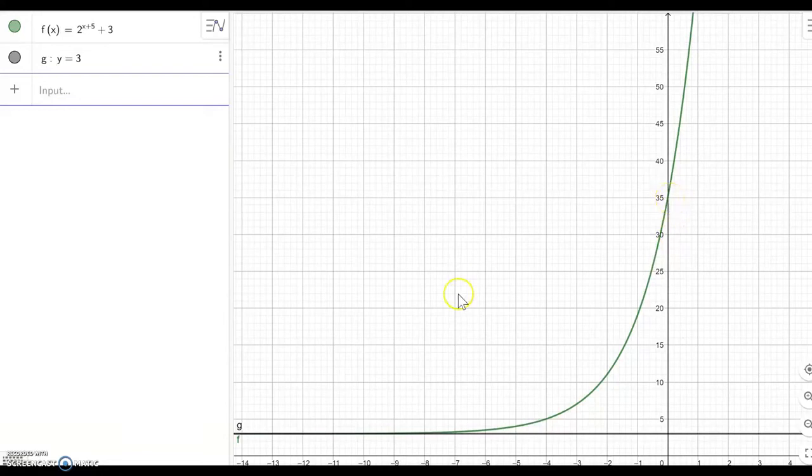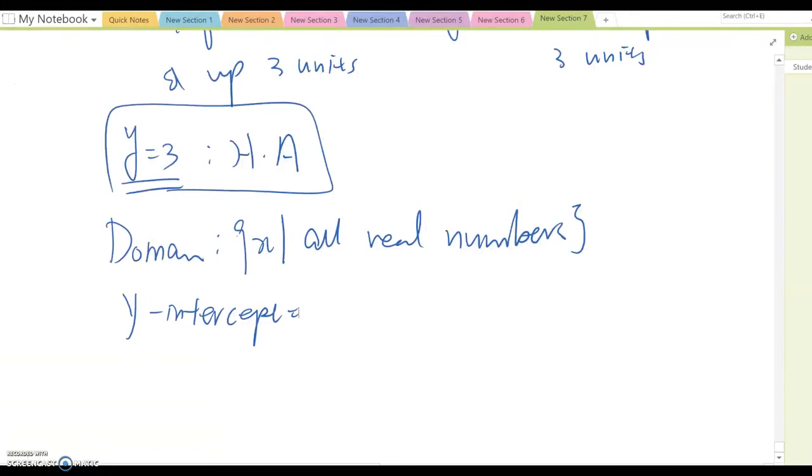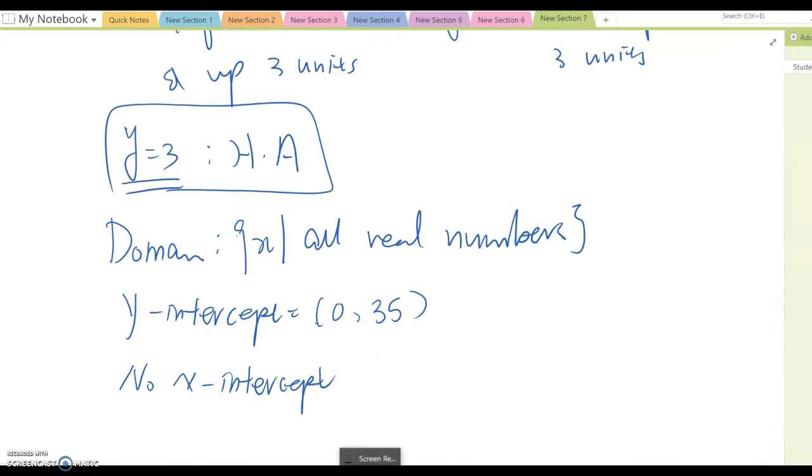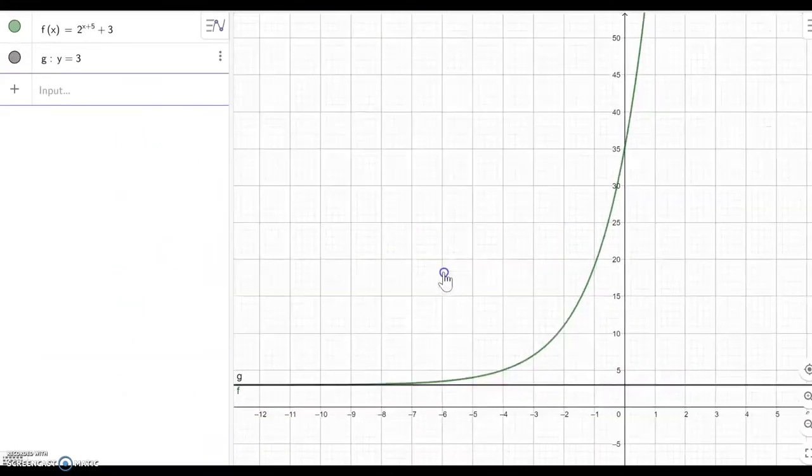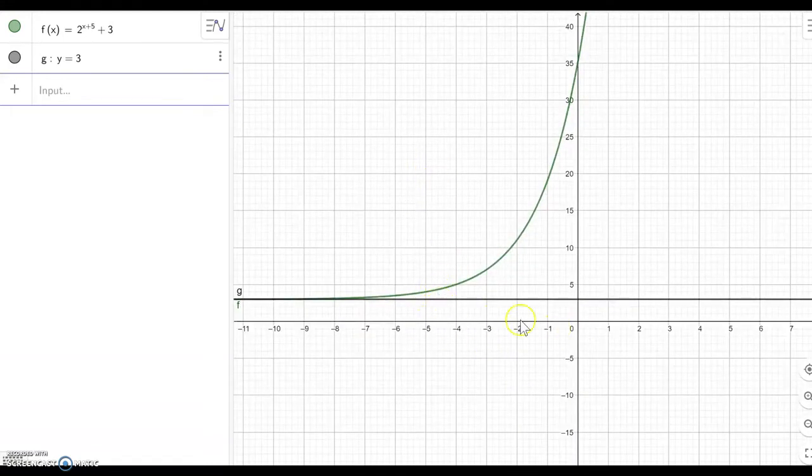So now we can say the y-intercept is (0, 35), and then no x-intercept, because this graph doesn't pass through the x-axis. As you see this graph here, this is the x-axis and this is the y = 3 line here. So as you see, this graph never passes through the x-axis.